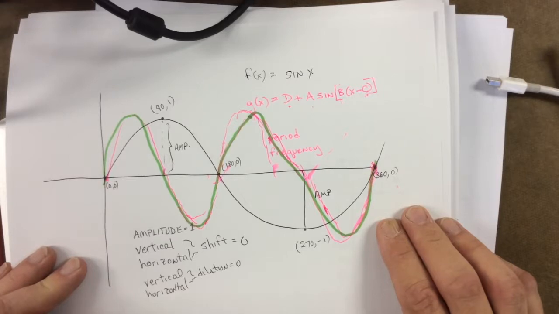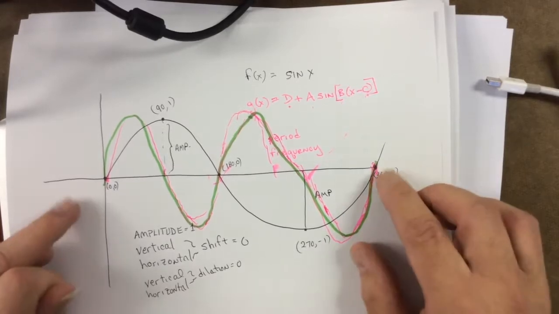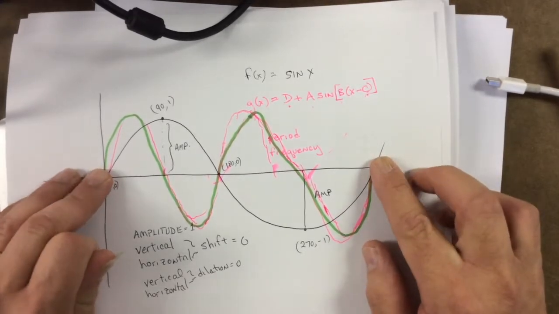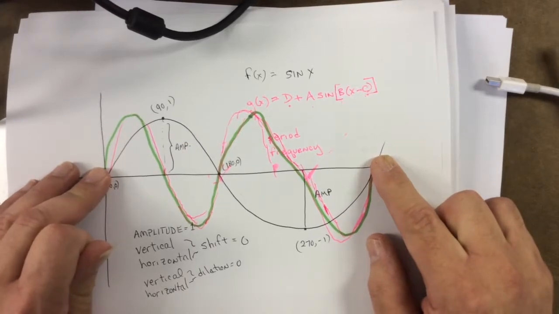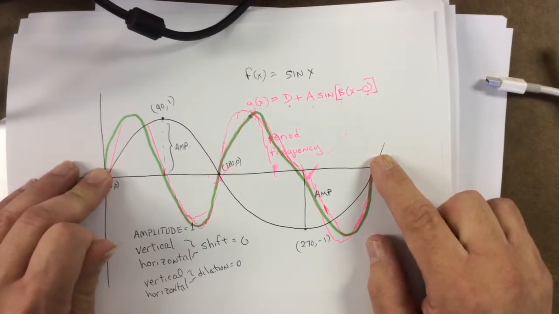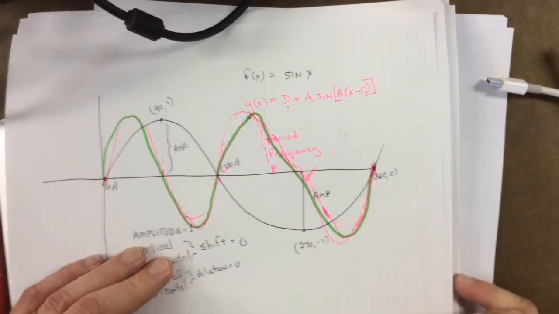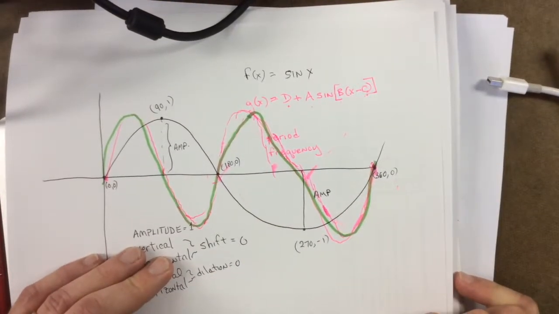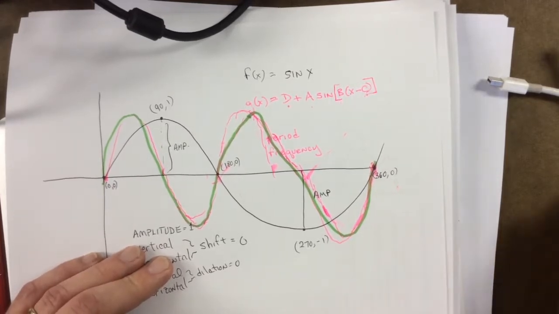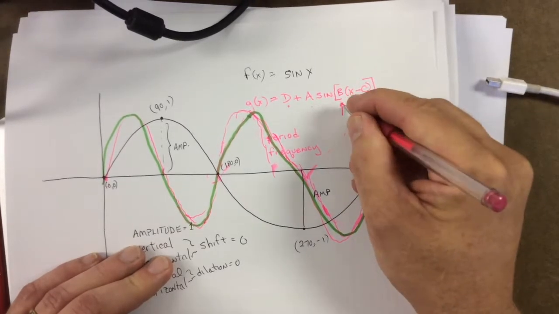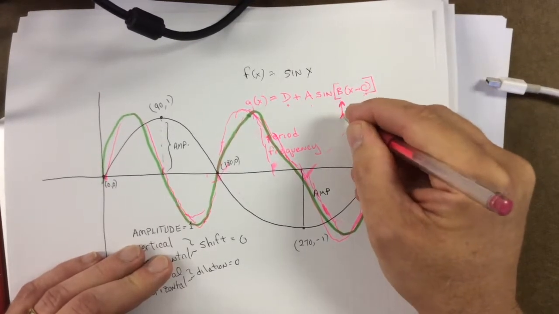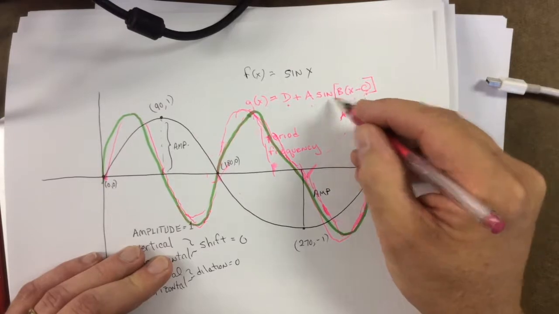And what did it do to the frequency? How many fit into what before was only one cycle? 2 cycles. A little lumpy, but 2 cycles nevertheless. Which letter is going to do that? Yeah, B, right? Because it's multiplying the argument inside the function.